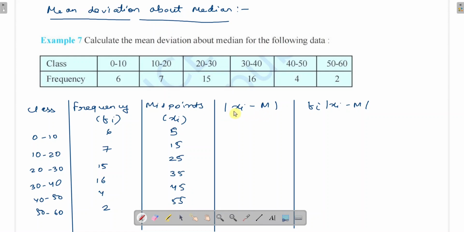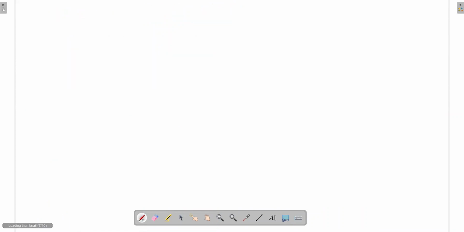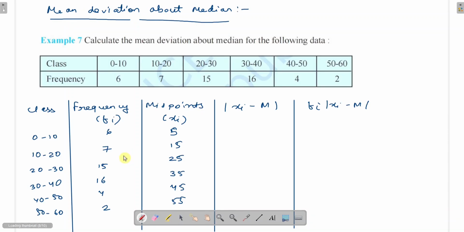Now to fill these two columns, what we need is the median. So for that we first have to find the median class. Okay. We have to find the median class here. Let us see.